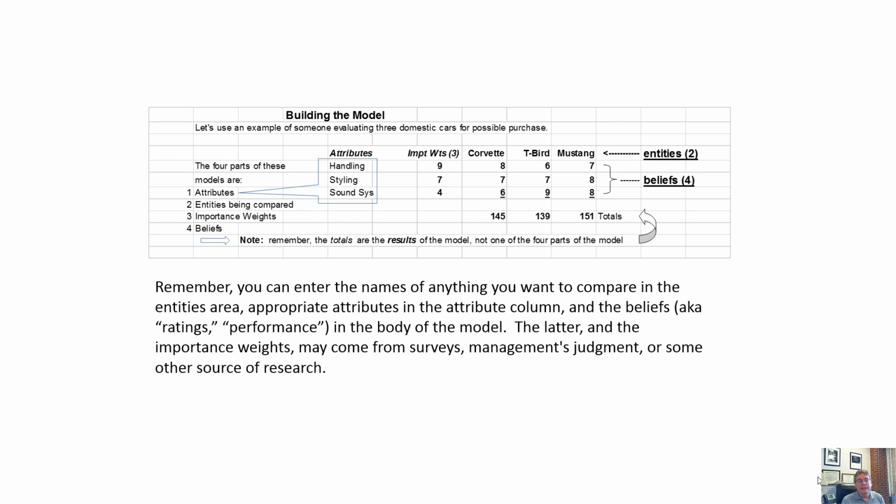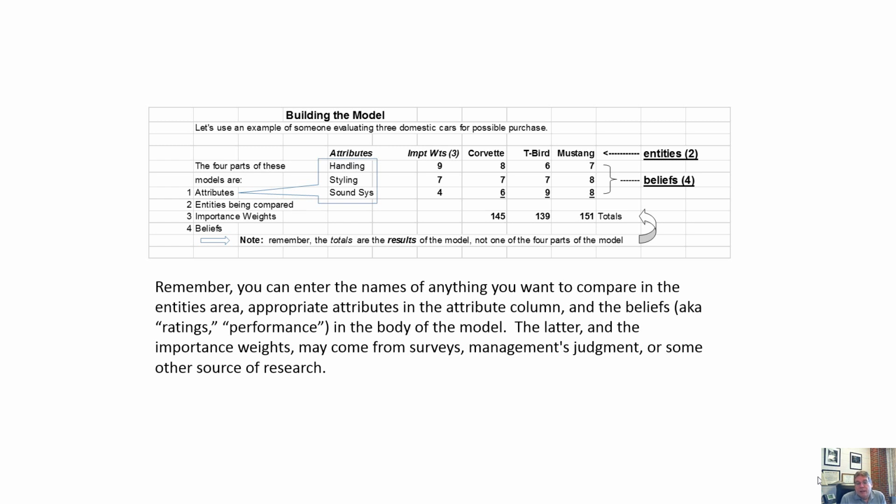How important is that attribute to you, and then how well does the entity you're looking at perform on that attribute. If you look at the formula or here at the spreadsheet, what is done for each option is the importance weight is multiplied by the performance, or by the belief, for each entity and added together.